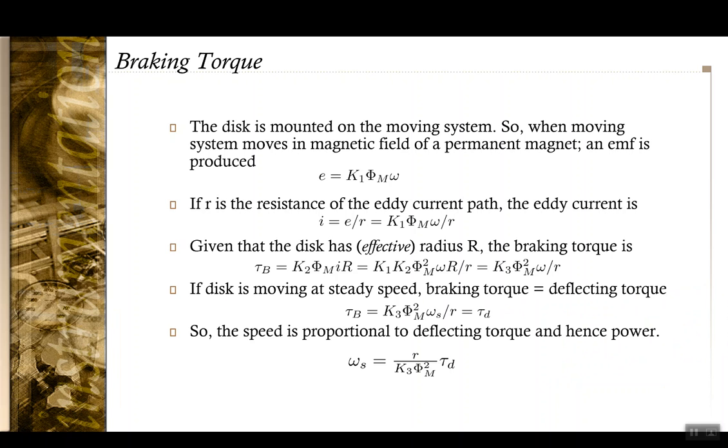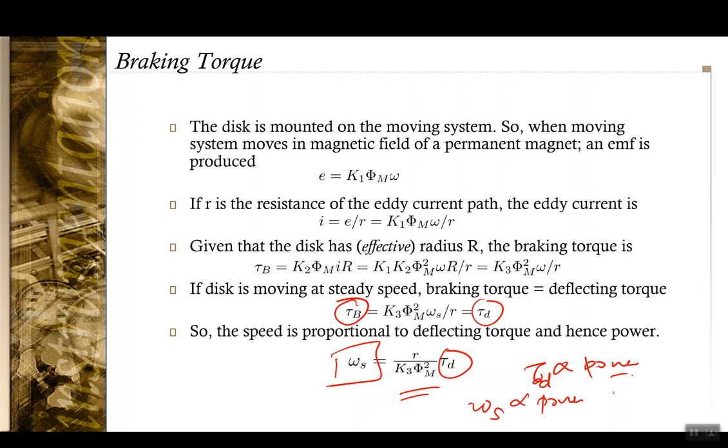When the instrument is operating in steady state, the braking torque will be balanced by the deflection torque. So if the deflecting torque is tau d, then the speed of rotation is directly proportional to the deflecting torque, and if the deflecting torque is proportional to the power, then we can say that the speed is proportional to the power, and so the number of rotations will be proportional to the energy being consumed.